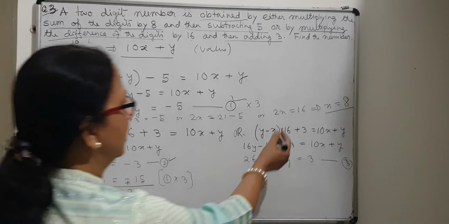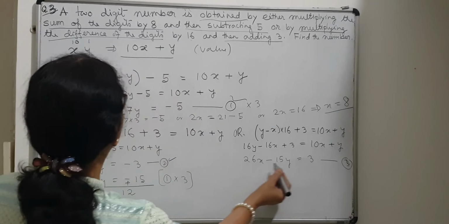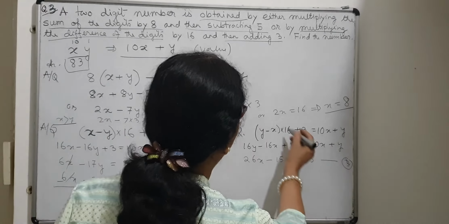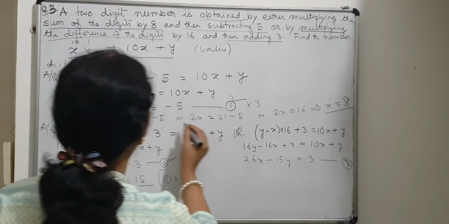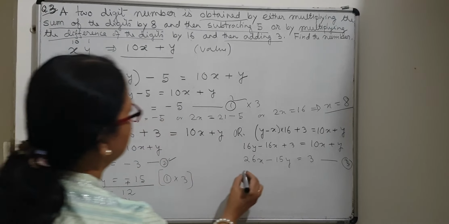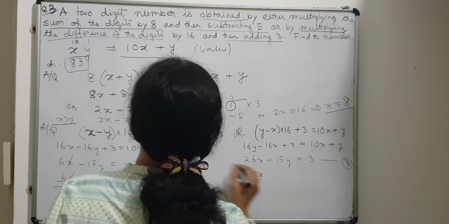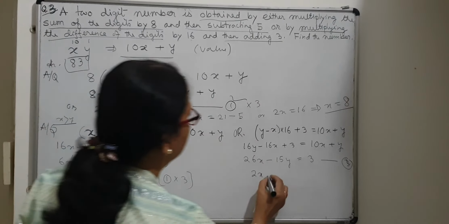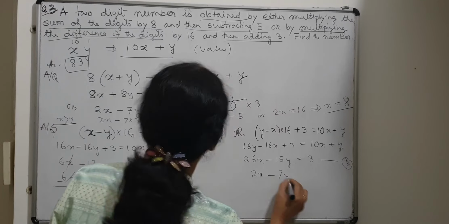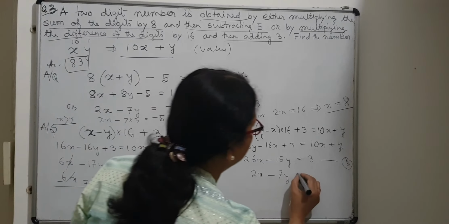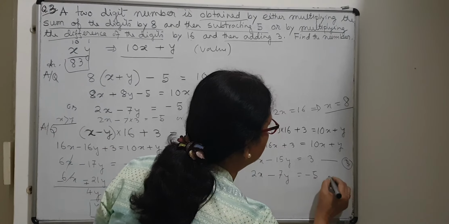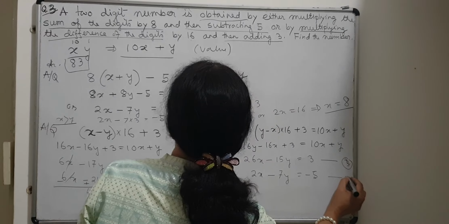Now let us see in this case. So this is the equation, and now I have to solve this equation along with the first equation, that is 2x minus 7y is equal to minus 5. This was equation 1.